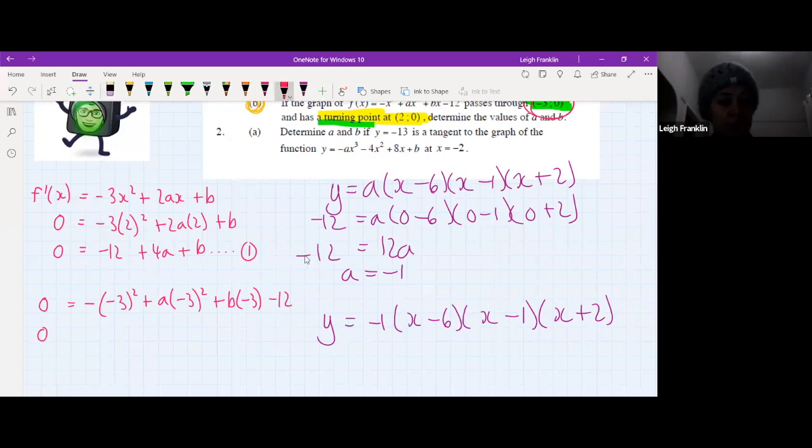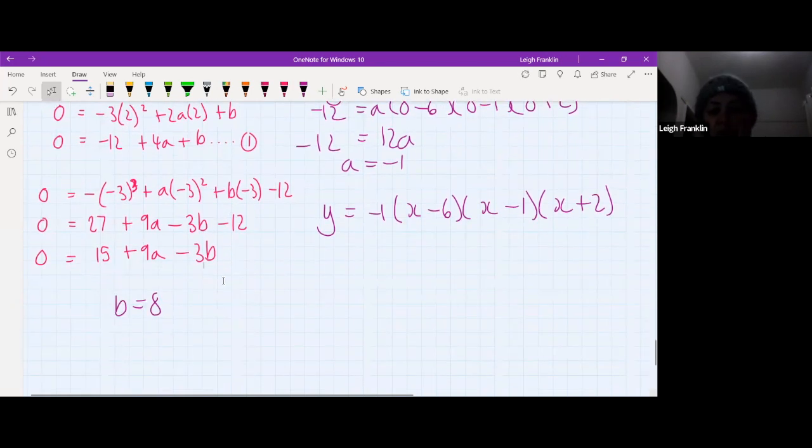Okay, so this is going to give me 0 equals, oh, sorry, that's a cube. So this is going to be positive 27 plus 9a minus 3b minus 12. So that's going to give us 15 plus 9a minus 3b.